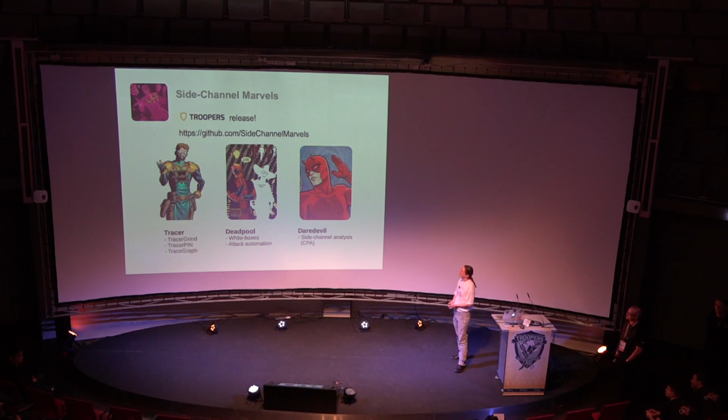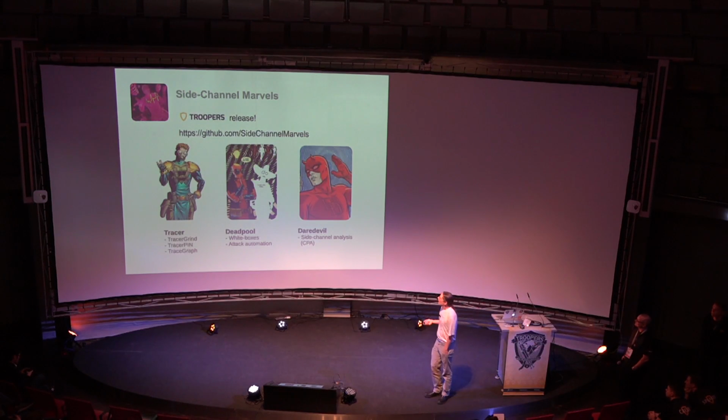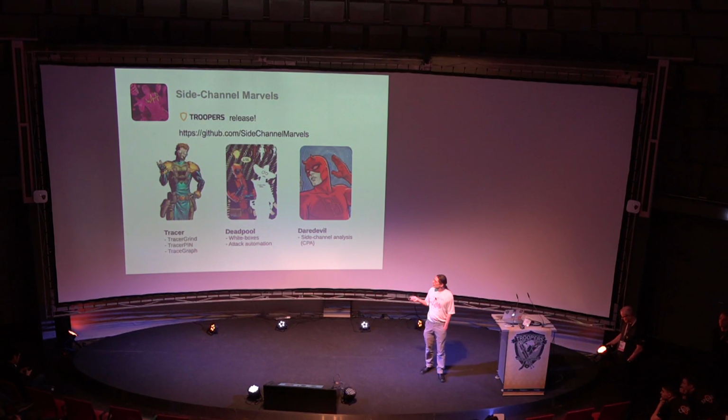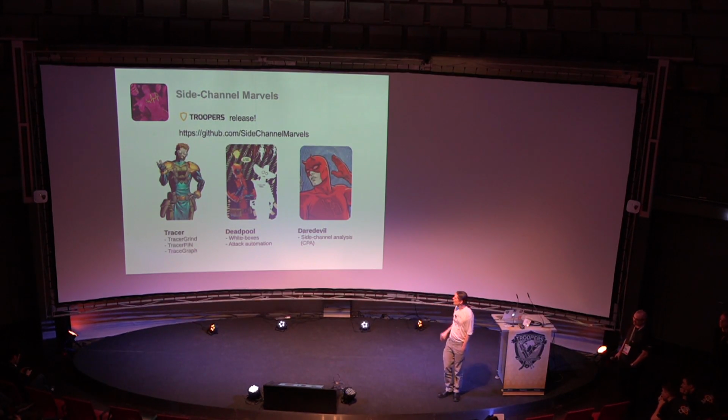So here, yeah, sorry, again, some superheroes. That's to identify a bit the different pieces that we released. There is Tracer. It's a super villain, actually, but it has a nice name. So behind that we have Tracer Grind, Tracer Pin, which are the tracers based on Intel Pin and based on Valgrind, and the visualizer, which is Trace Graph, the tool I use to show all these pictures you saw before.